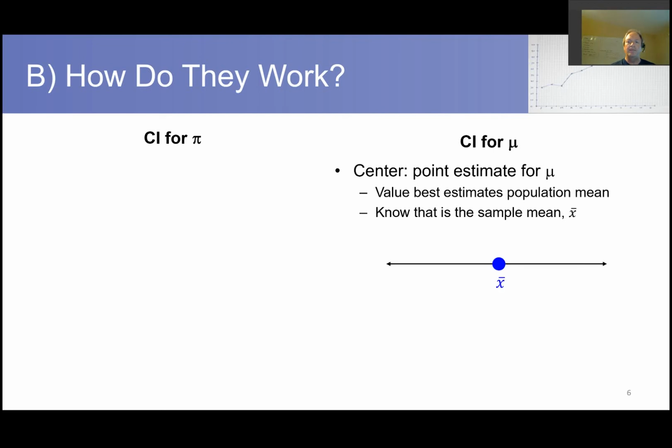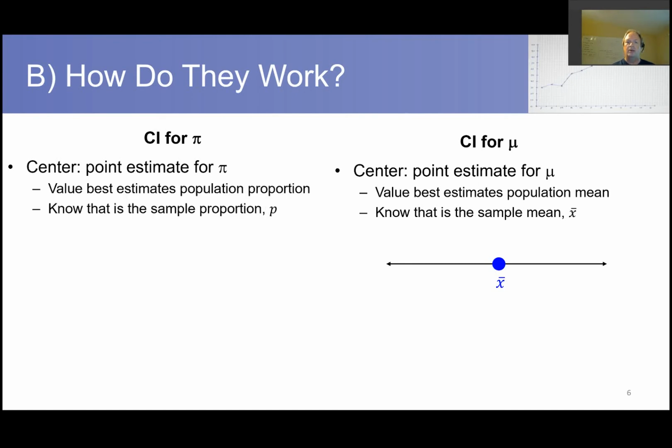In the same way, the center for the confidence interval for the population proportion is going to be the sample proportion. And again, the same logic. If you had a sample and I asked you what value would be the best approximation to the population percentage, you would use the sample percentage. So notice that for both of these confidence intervals, they're centered at the sample estimate. That's the key thing that you want to notice.